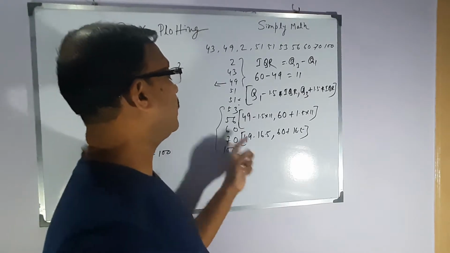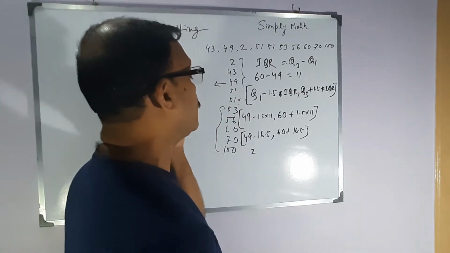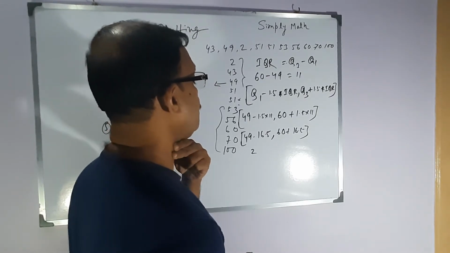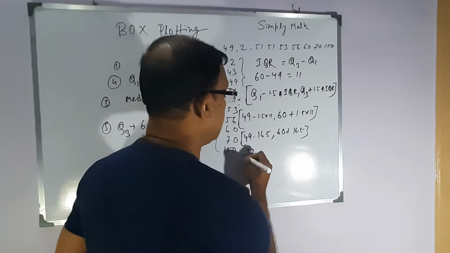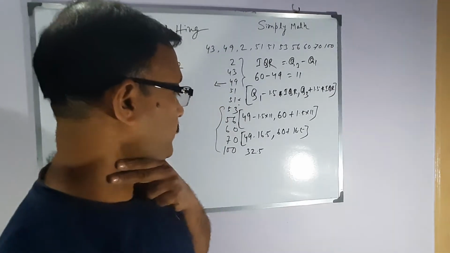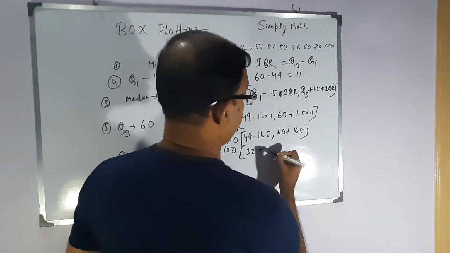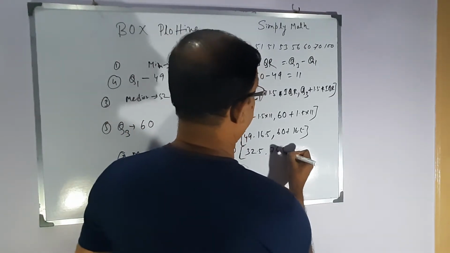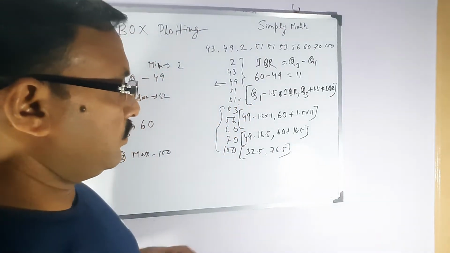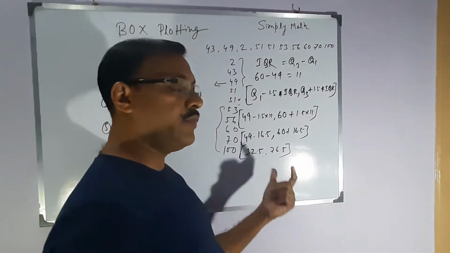So 49 minus 16.5 is 32.5, and 60 plus 16.5 is 76.5. This is my 76.5 and this is my 32.5, right?